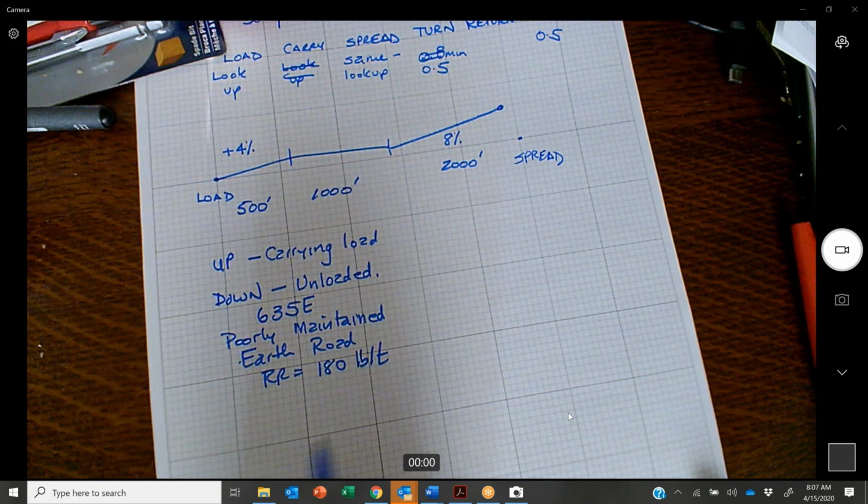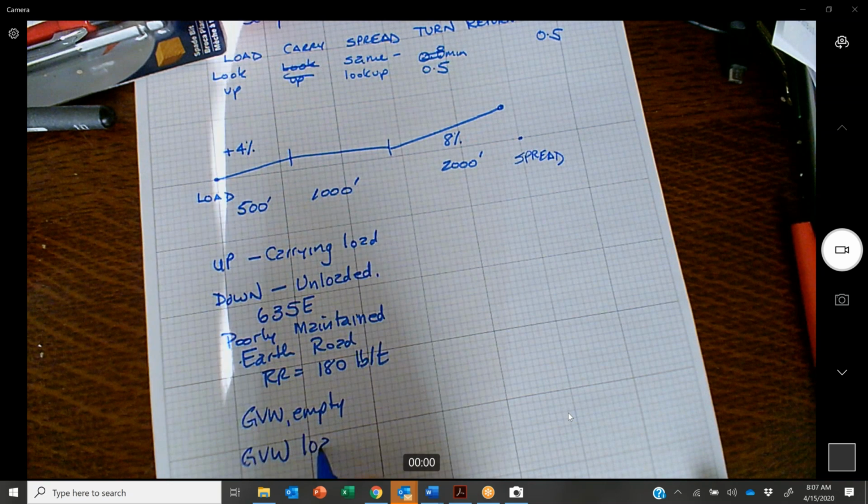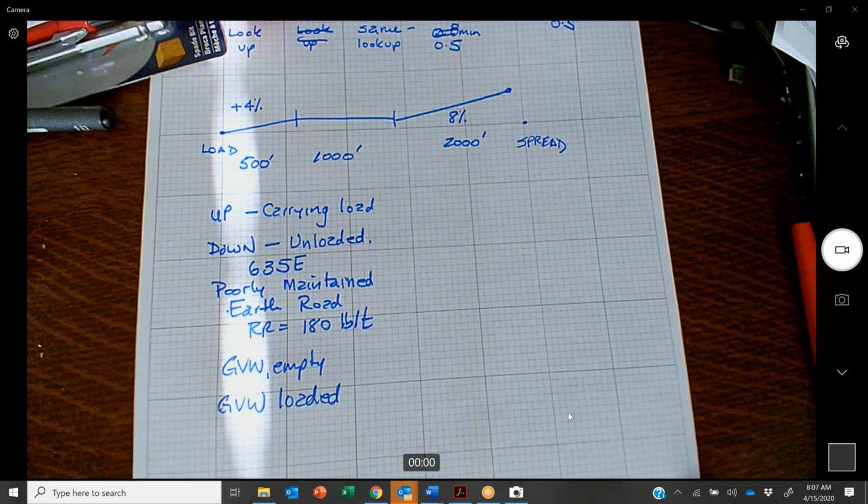That's our rolling resistance. We need to look up our gross vehicle weight empty and our gross vehicle weight loaded. Right now, we're not going to worry about what the load is. We're going to assume that we're able to get the complete load put together. That's an assumption, but in this case, it's not a particularly dangerous one. So we should be all right.